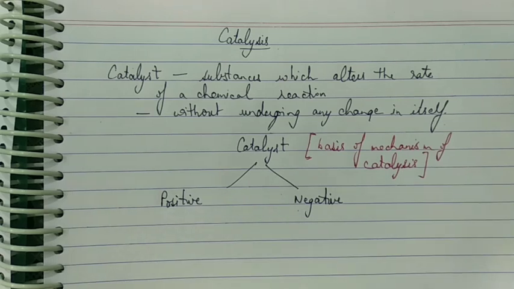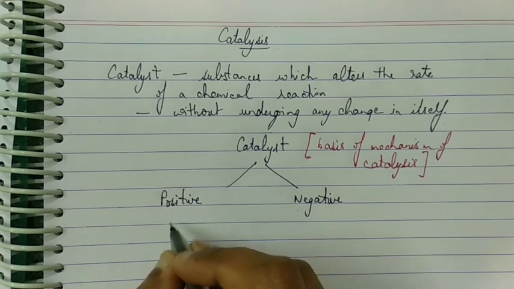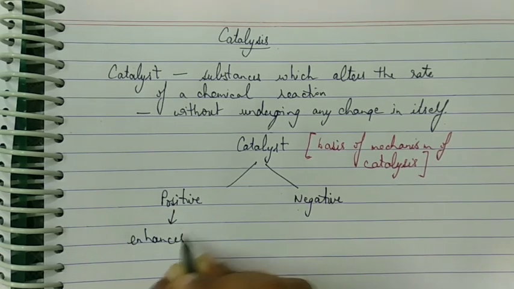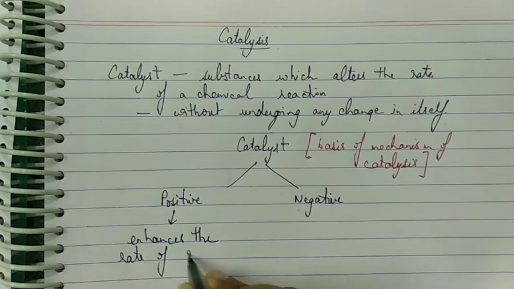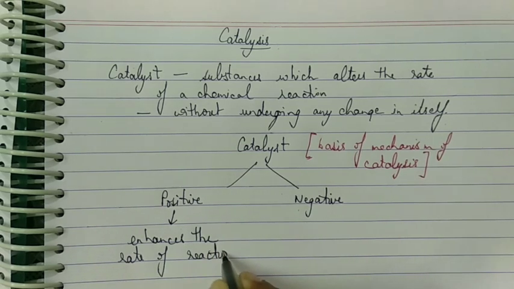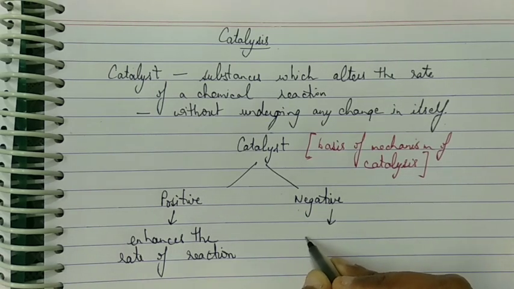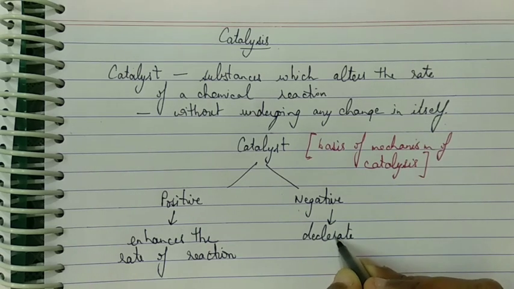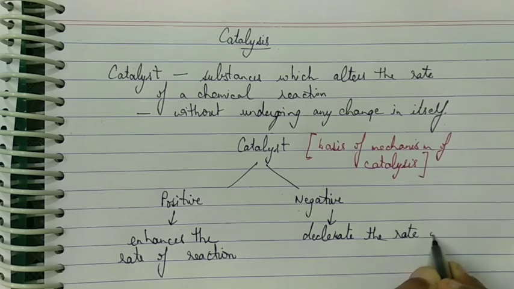Now what do you mean by positive catalyst? Positive catalysts are the catalysts which enhance the rate of reaction, whereas negative catalysts are the catalysts which decelerate, or you can say decrease, the rate of reaction.